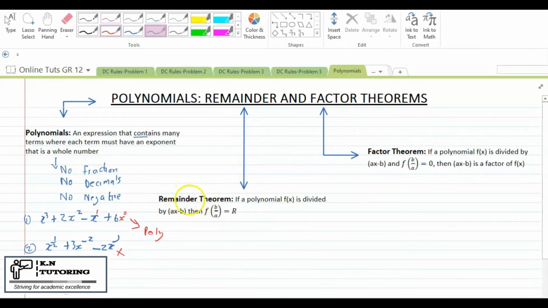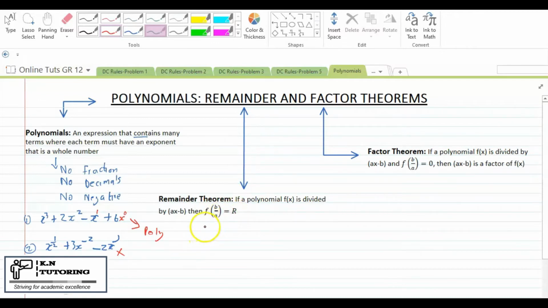Now these polynomials are related to what we call the remainder and factor theorems. And as you can see, the remainder theorem says if a polynomial f of x is divided by ax minus b, then the functional notation f of b over a is equal to the remainder.